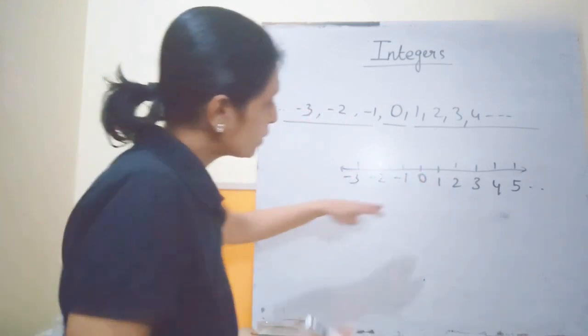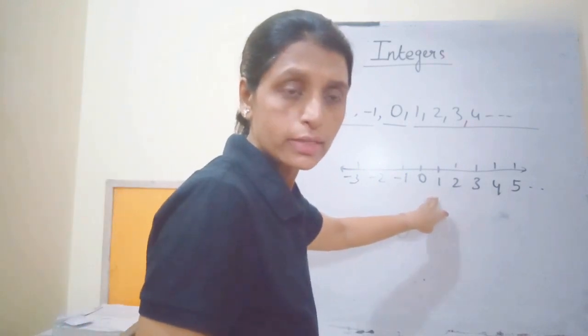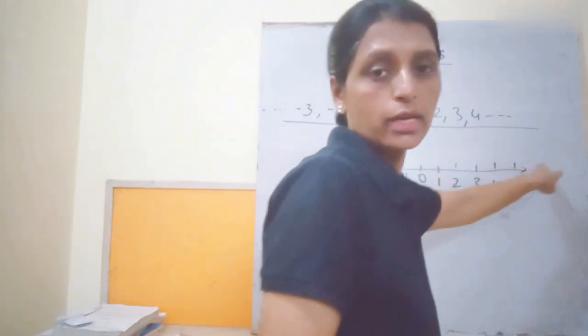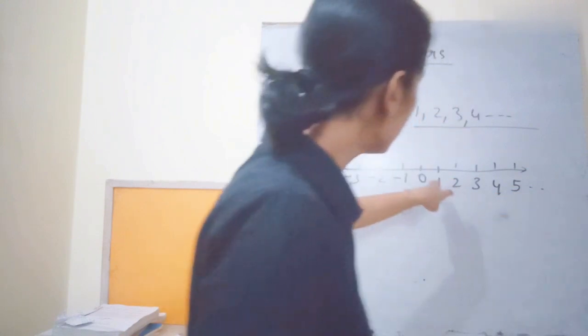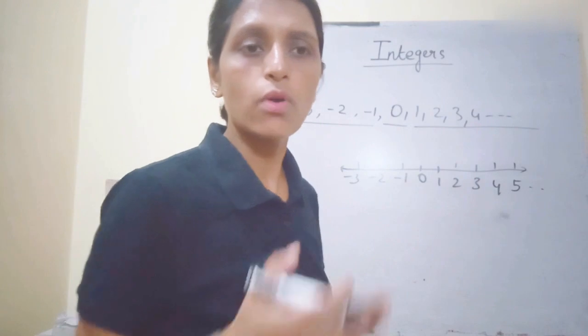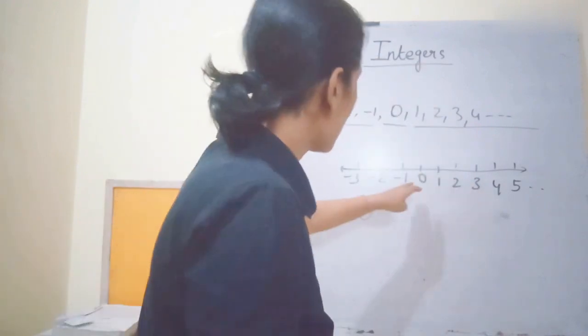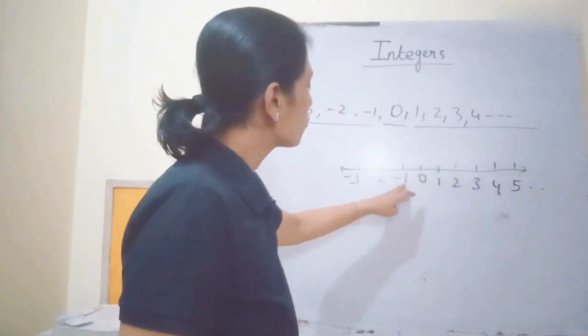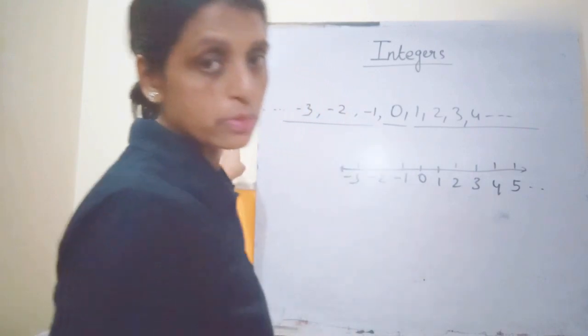Okay? On the right hand side, it is increasing. And on the left hand side, it is decreasing. Increasing means from smaller to bigger, and decreasing means from bigger to smaller.